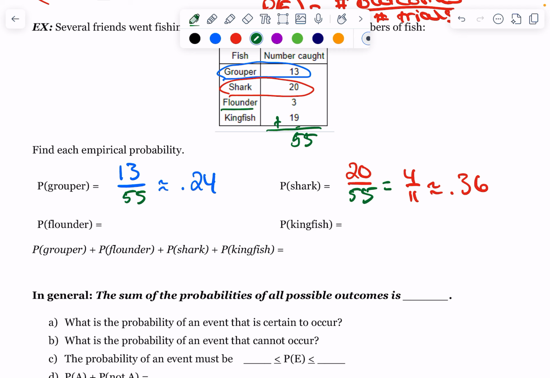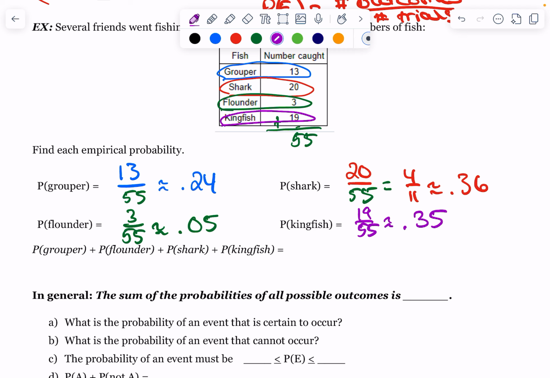Next one is flounder. 3 out of 55, which is 0.05. And then we've got the kingfish, 19 out of 55, which gives us 0.35.